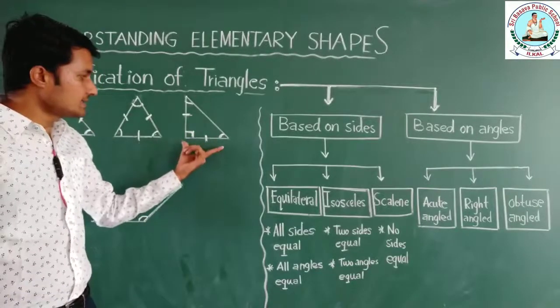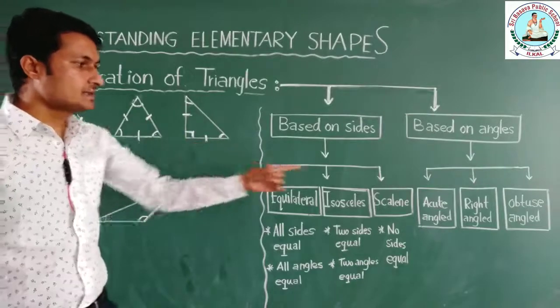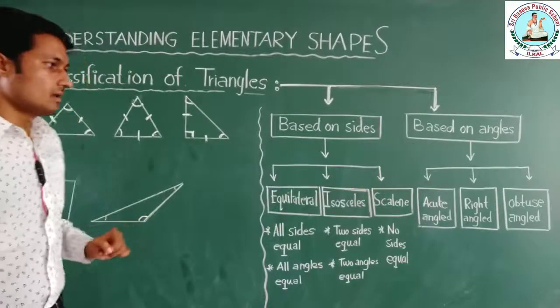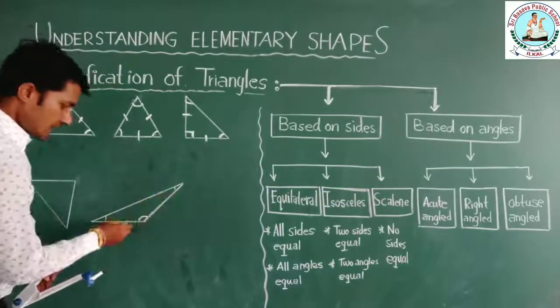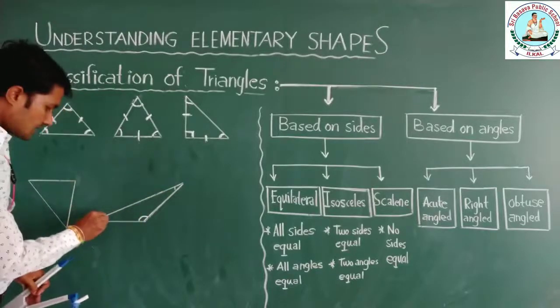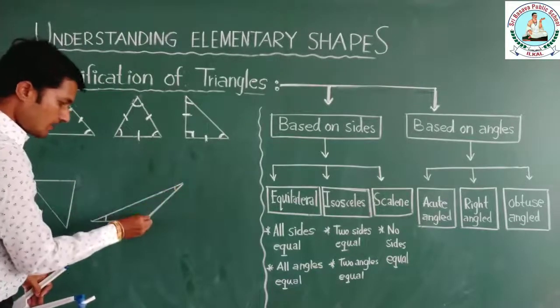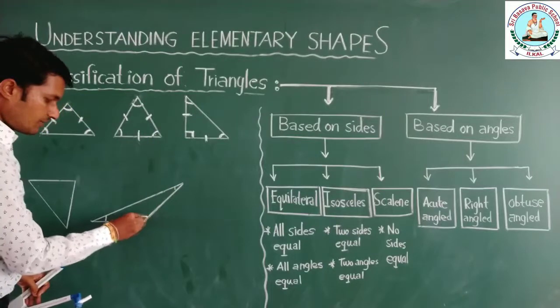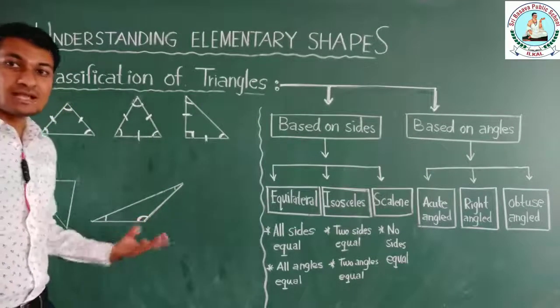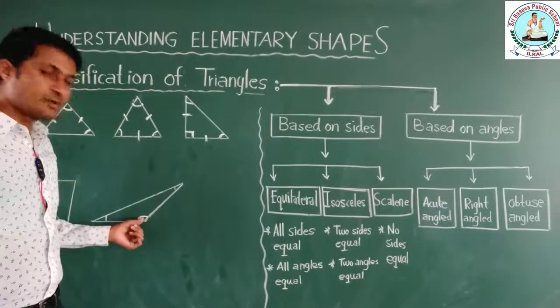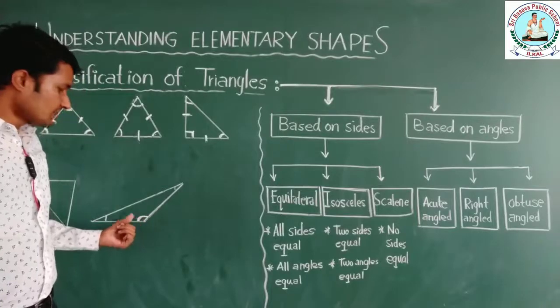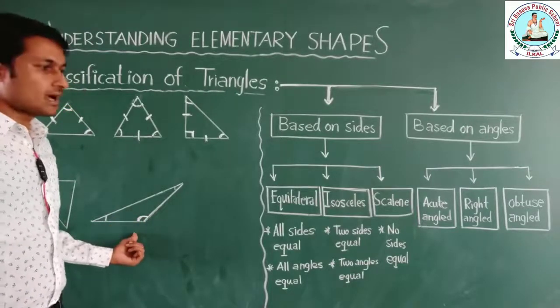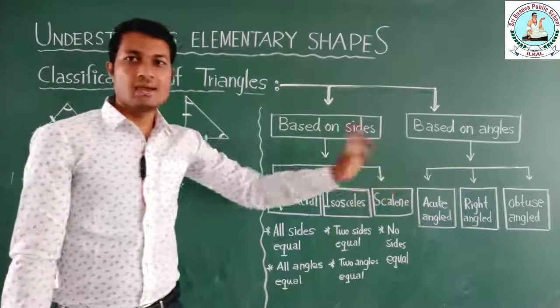But when you look at this other triangle, the other two are acute angles, but one of the angles is more than 90 degrees, which means it is an obtuse angle. That is why this type of triangle is called an obtuse angled triangle.